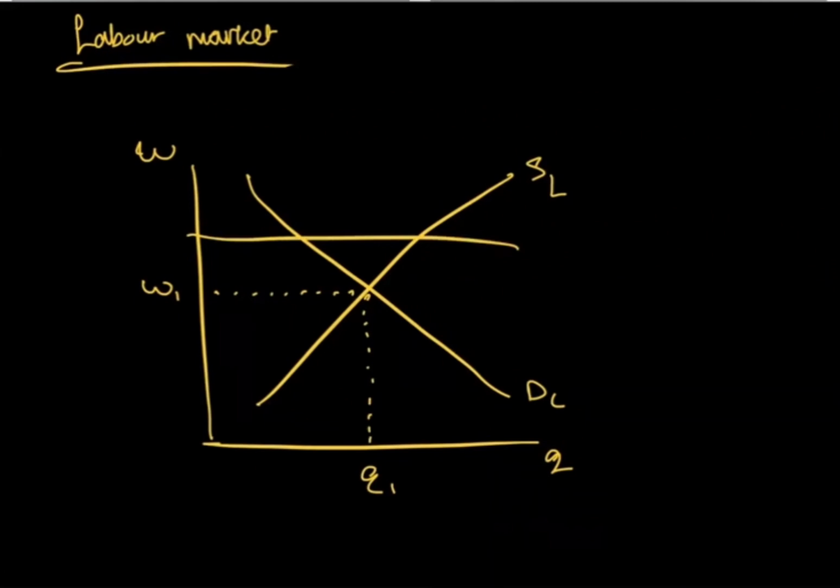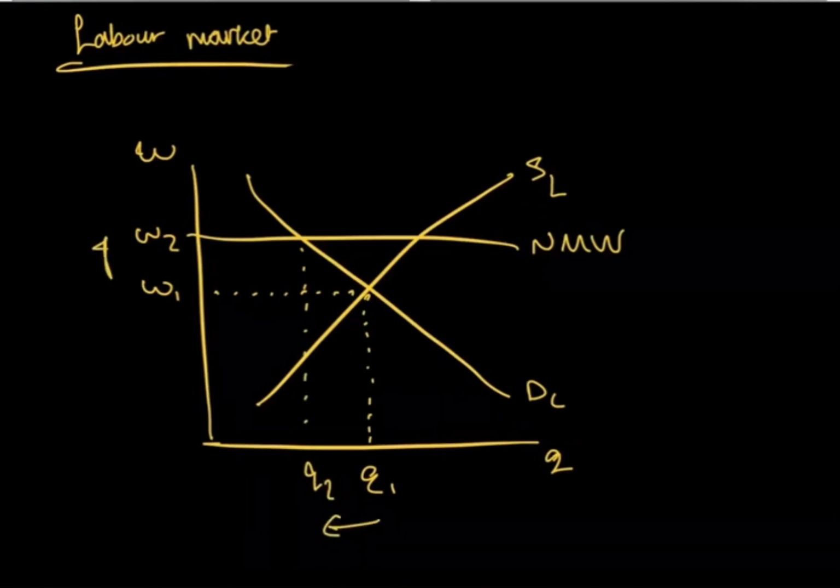But the problem with this is you can't have that in real life. Why can you not have that in real life? Is it because firms will exploit workers and pay less? That's one thing. What else? Just say loads of common sense points for this because it's not an actual theoretical thing, it's just discussion.